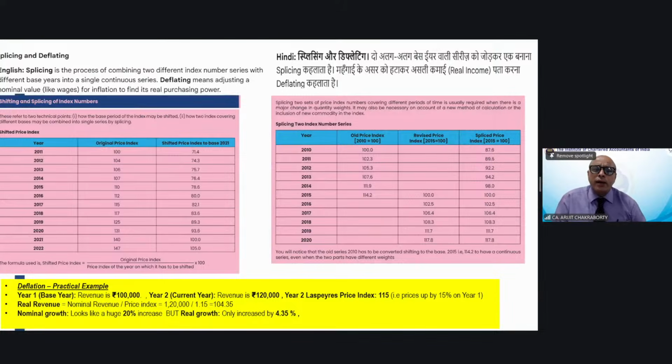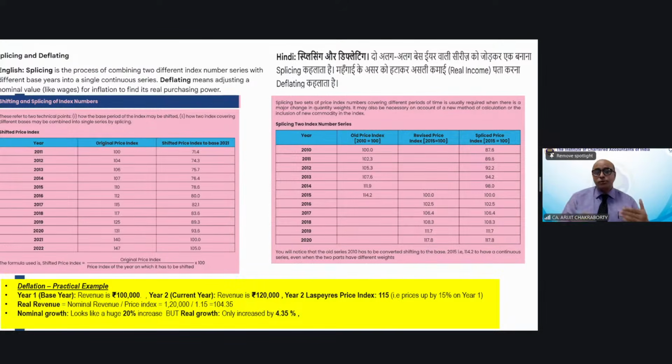Basically, if you divide 1,20,000 by 1.15, you will get something like 1,04,350. That means virtually it is like an increment of 4,350. So 1,04,350 you will get. So now the real growth comes to around 4.35%.